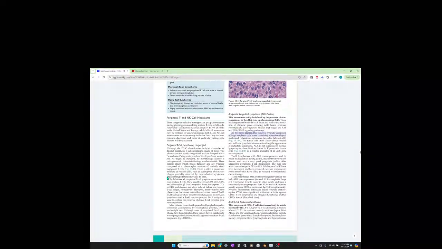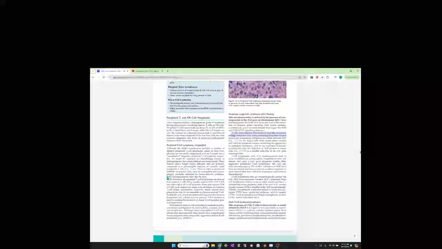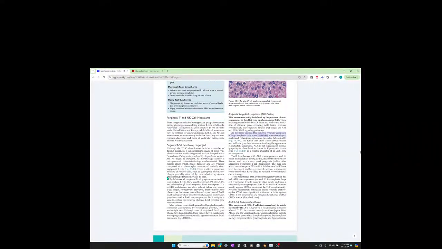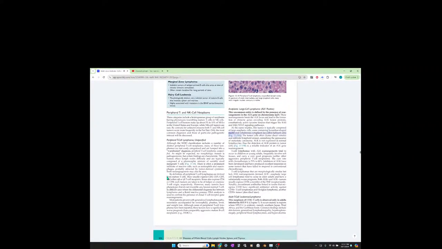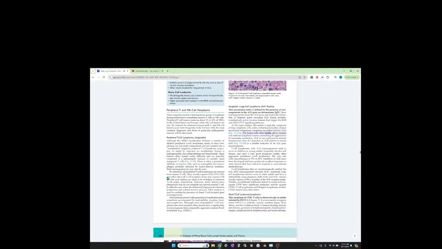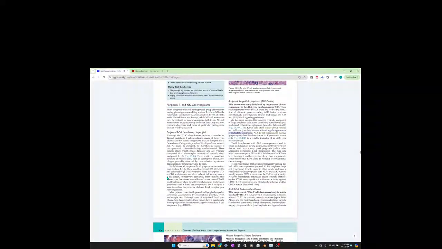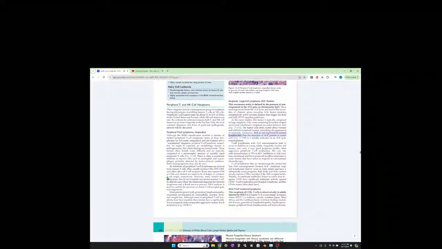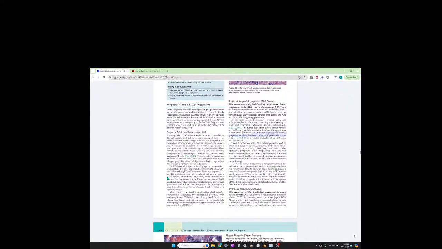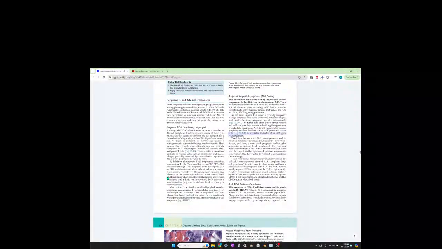As the name implies, this tumor is typically composed of large anaplastic cells, some containing horseshoe-shaped nuclei and voluminous cytoplasm. The tumor cells often cluster about venules and infiltrate lymphoid sinuses, mimicking the appearance of metastatic carcinoma. ALK is not expressed in normal lymphocytes, thus the detection of ALK protein in tumor cells is a reliable indicator of an ALK gene rearrangement.